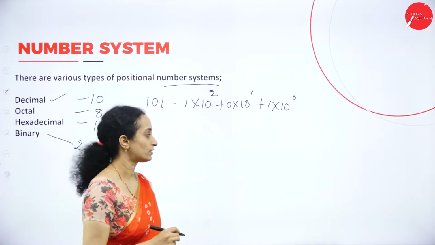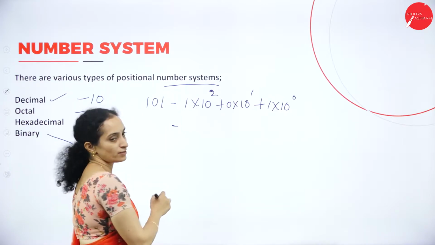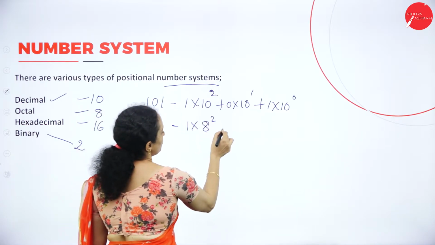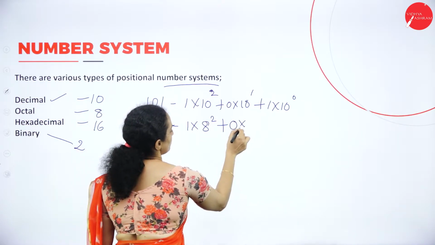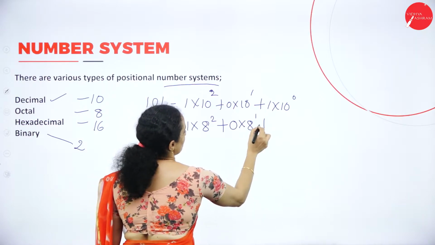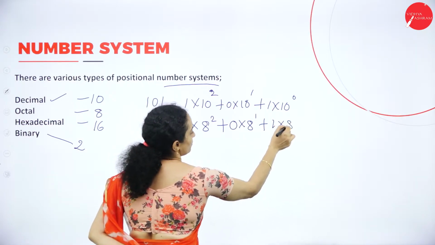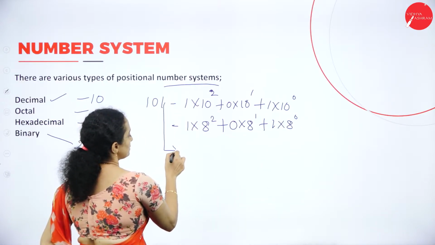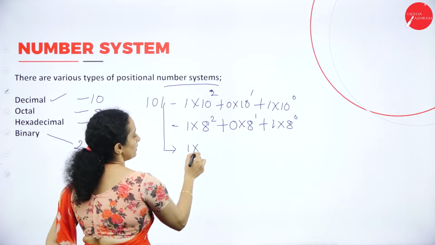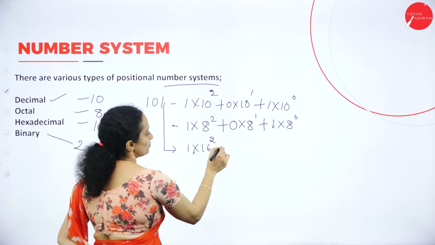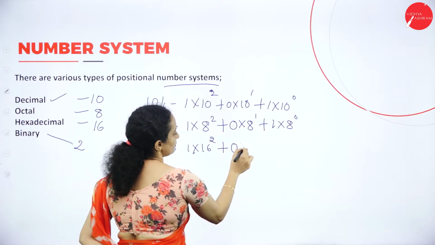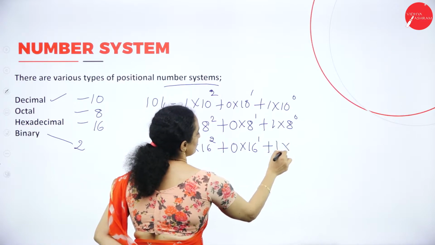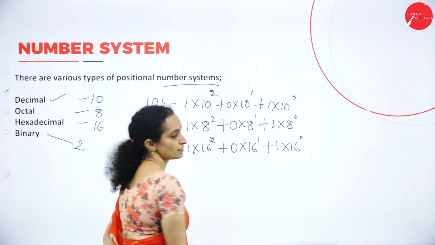When it is octal, 101 can be represented as 1 into 8 to the power of 2 plus 0 into 8 to the power of 1 plus 1 into 8 to the power of 0. The same 101 can be represented in hexadecimal as 1 into 16 to the power of 2 plus 0 into 16 to the power of 1 plus 1 into 16 to the power of 0.